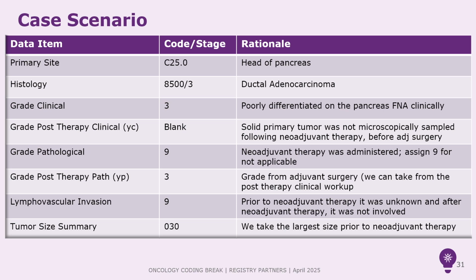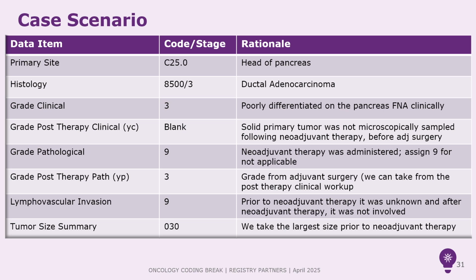Grade pathological is 9. Because neoadjuvant therapy was administered, we assign code 9 here. This data field cannot be blank. Grade post-therapy path YP is a 3. The adjuvant pathology showed a grade 2, however, we are taking it from the post-therapy clinical workup.